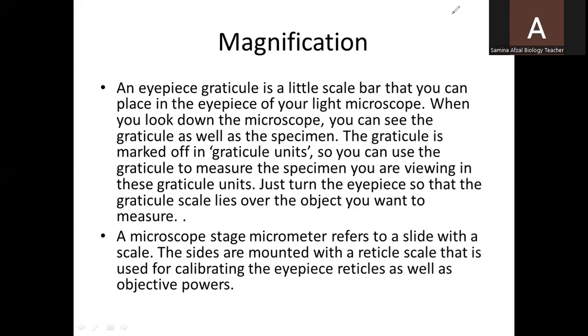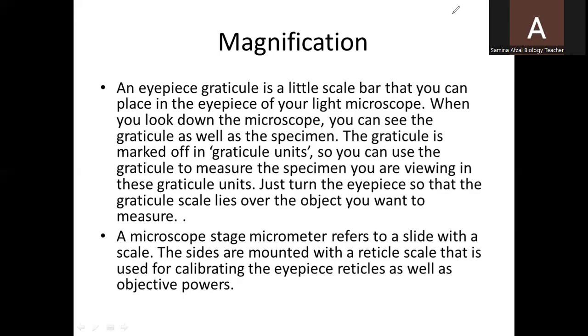So I would like to go first with the eyepiece reticule, which is a little scale bar that you can place in the eyepiece of your light microscope. It can be made of plastic or of glass, so both of these materials can be used in its manufacture.